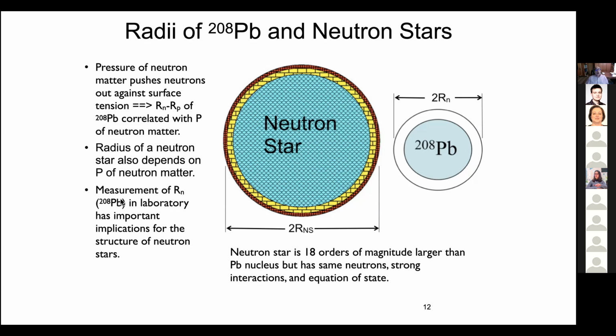So a measurement of the neutron radius in lead has important implications for the pressure of neutron-rich matter and for the structure of neutron stars. A neutron star is 18 orders of magnitude larger than a lead nucleus, but it's the same neutrons, the same strong interactions, and the same equation of state.